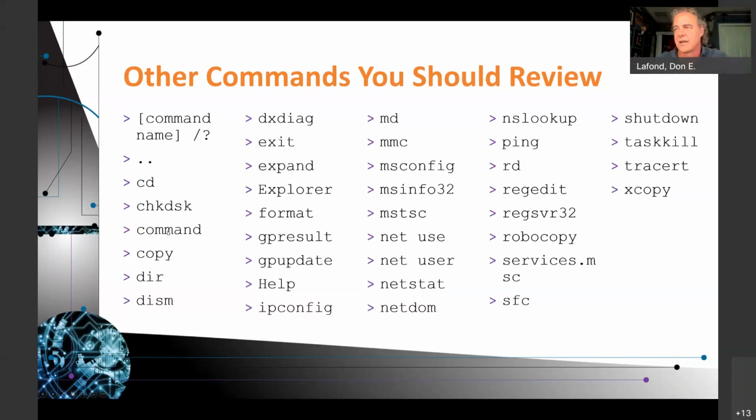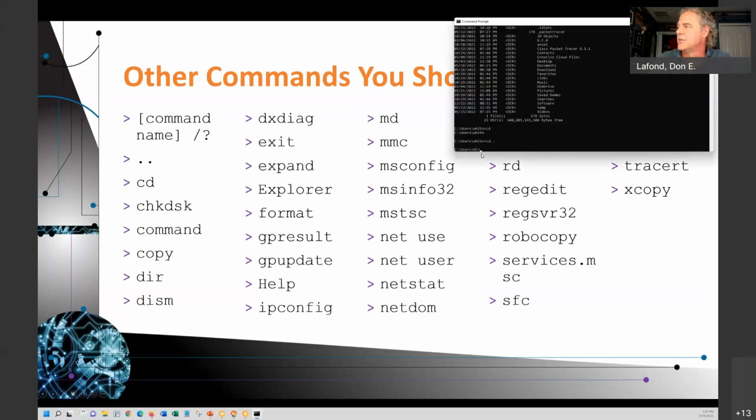It just lays out a little bit differently. Copy, dir to do a list. We have exit to exit out of the current command that you're in. msconfig to show, for example, your configuration, your IP configuration, for example. We can do that.